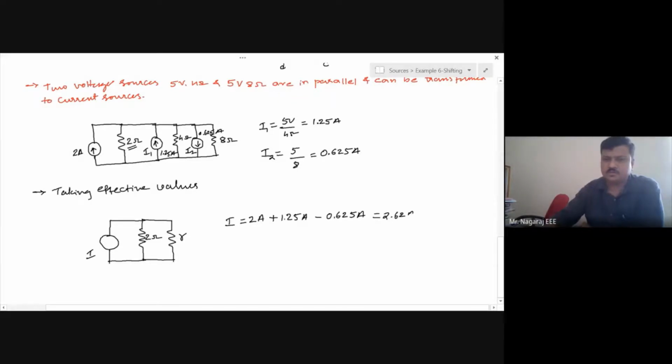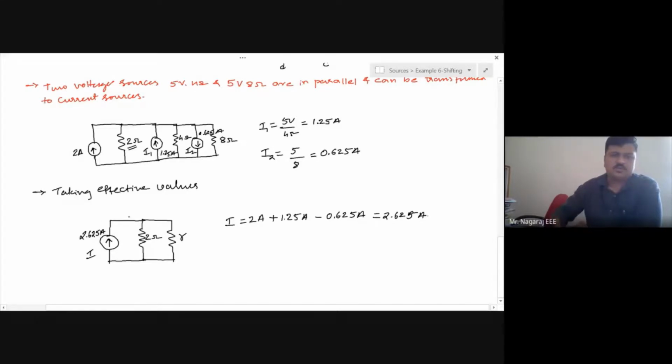The direction of this current is upward, obviously, because 2 amps and 1.25 amps combined are larger than 0.625 amps. Therefore, the direction of these two will be the direction of current. So 2.625.